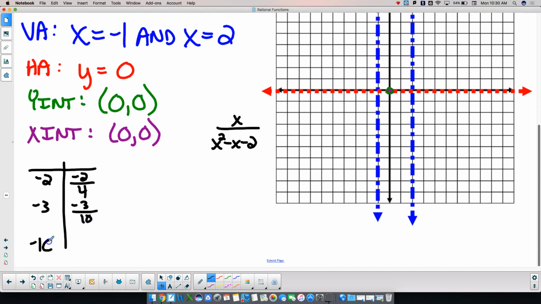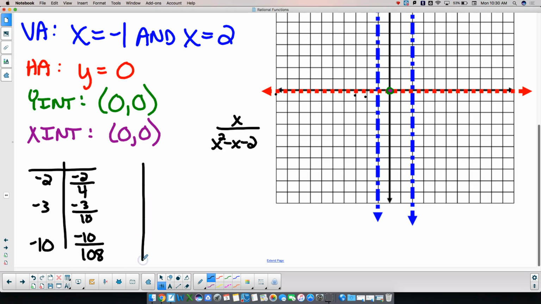And -10 is -10 over 100 minus -10 is 110, minus 2 is 108. So that's -1/2, that's -3/10, and that's pretty close to -1/10. So we're up in there.